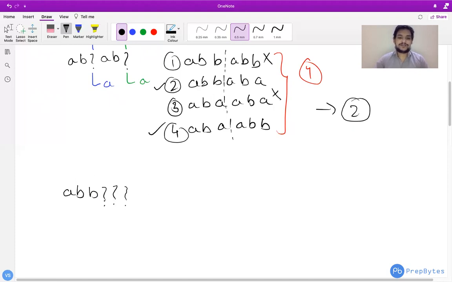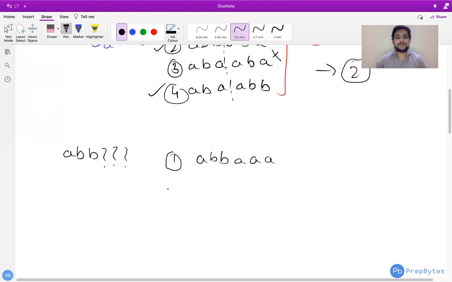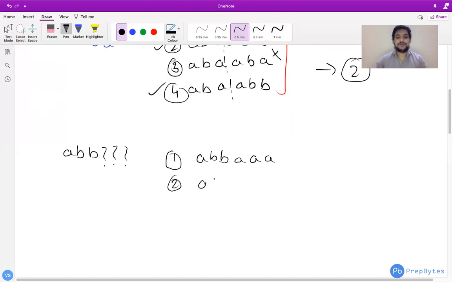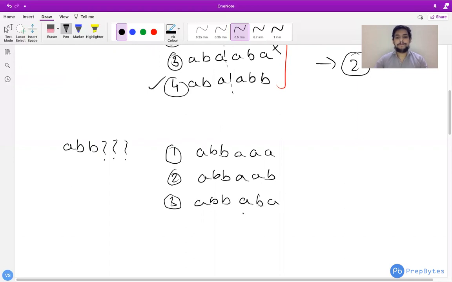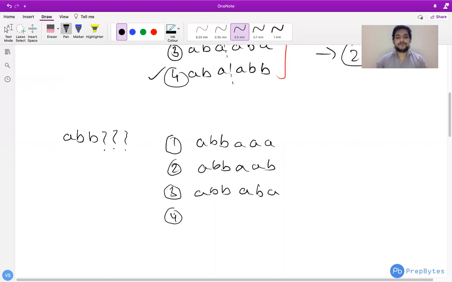We will replace each question mark with either A or B. Let's look, A B B, let's do A, to A B B A B, A B A B A, B B. Now, sorry, it will be fifth.